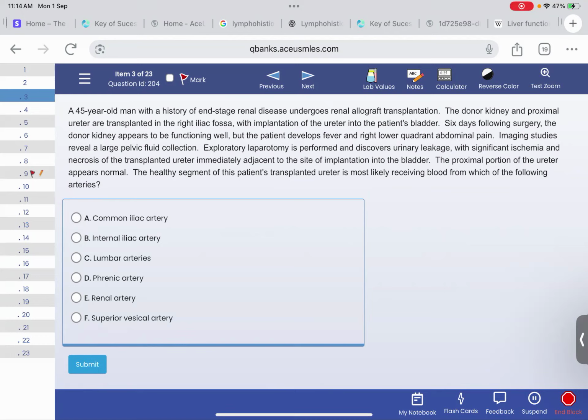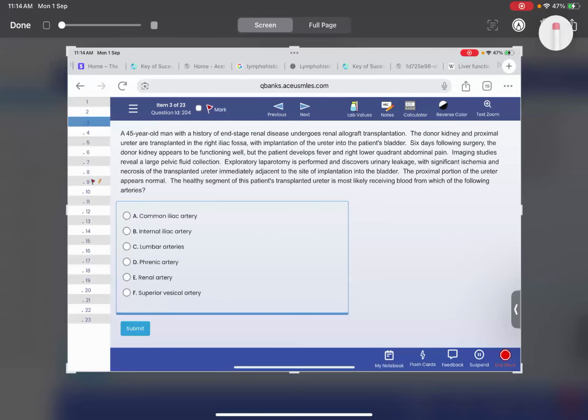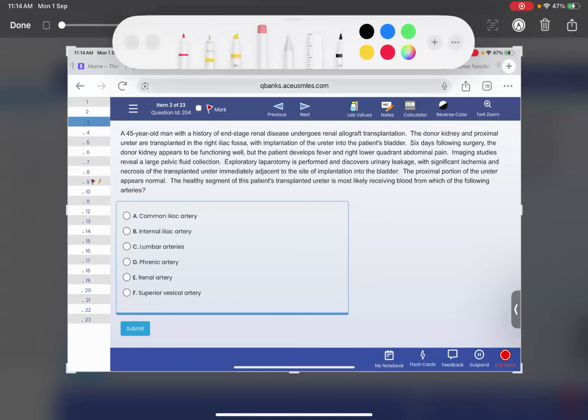Imaging studies reveal a large pelvic fluid collection. Exploratory laparotomy discovers urinary leakage with significant ischemia and necrosis of the transplanted ureter immediately adjacent to the site of implantation into the bladder. The proximal portion of the ureter appears normal.